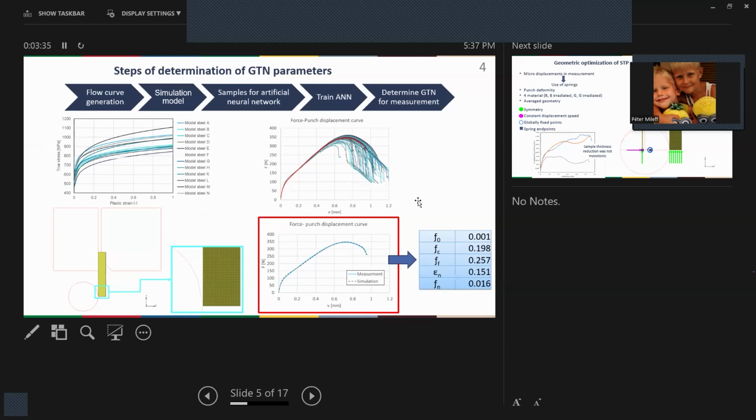After that, we generated 90 different GTN parameter sets to train our artificial neural network system. With the help of the ANN, we determined the best fitting simulation curve for the small punch test measurement. This way, as an inverse method, we got the best Gurson-Tvergaard-Needleman parameters for our investigated materials.